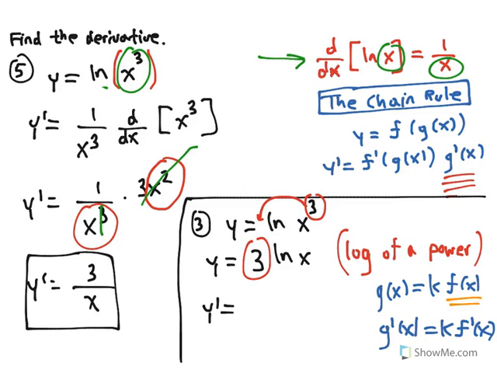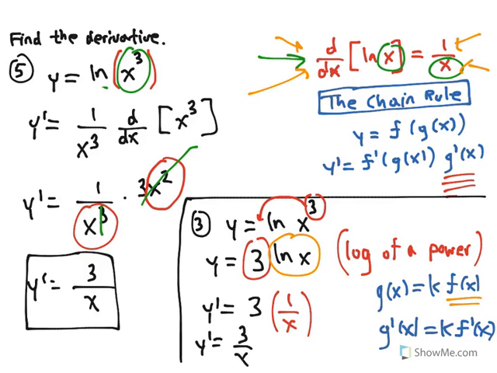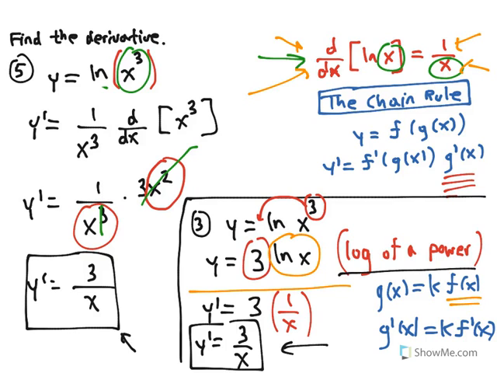So using that, you can just write the derivative of y is 3 times the derivative of natural log of x, which is, of course, 1 over x. So you have 3 times 1 over x, and when you do 3 times 1 over x, you get 3 over x. Same as what we had found earlier, where we used the chain rule, but here we're rewriting our function using the logarithm of a power property first before differentiating.